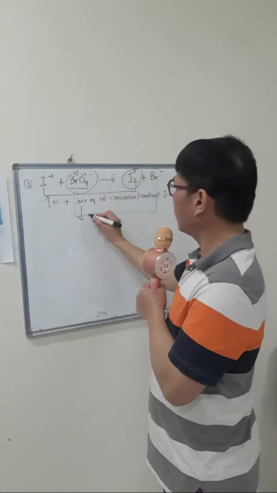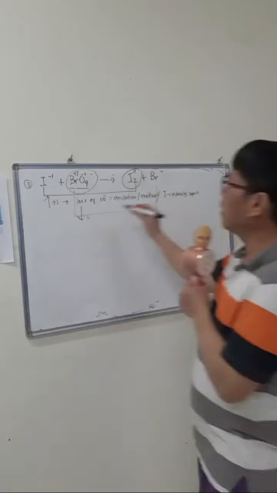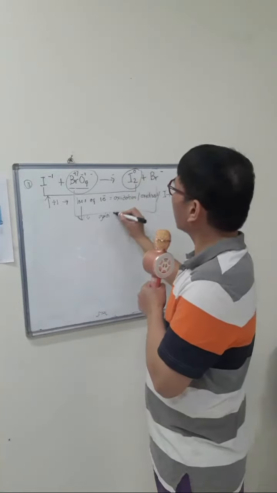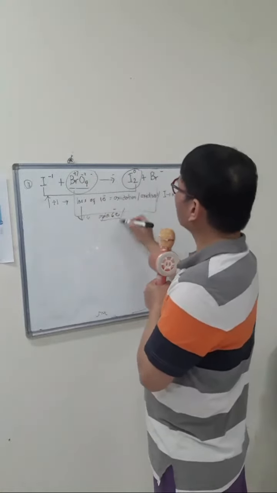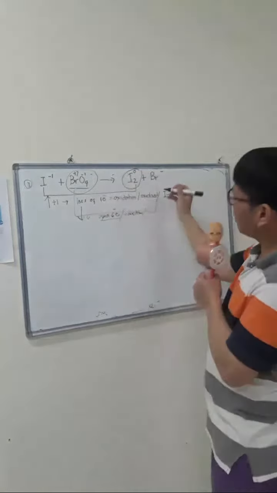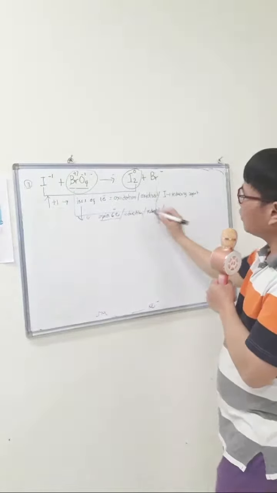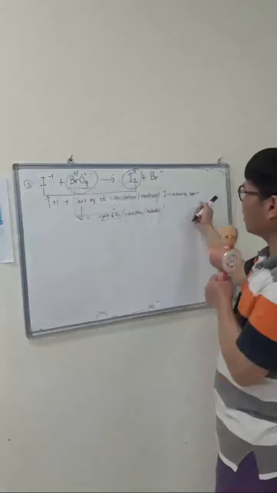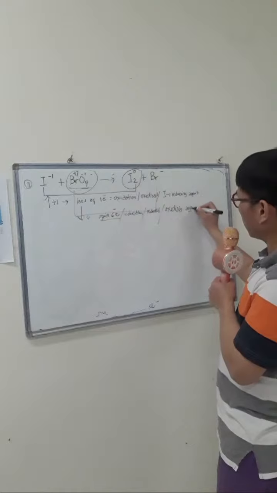So there will be a gain of electrons, 6 electrons, because the oxidation number decreased. This is reduction, and bromine is reduced. Then your bromate is your oxidizing agent.